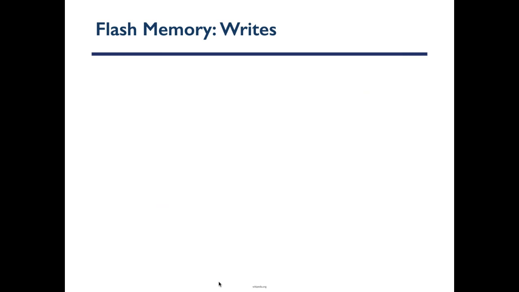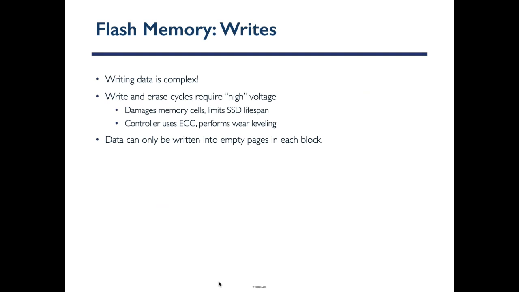Now let's look at the more challenging part of using an SSD device, which is basically writing to it. Writing is a little bit challenging, as I mentioned. First of all, let's assume that you have a clean and erased cell, and now you want to write 0 to it.